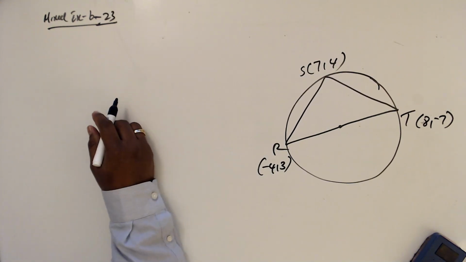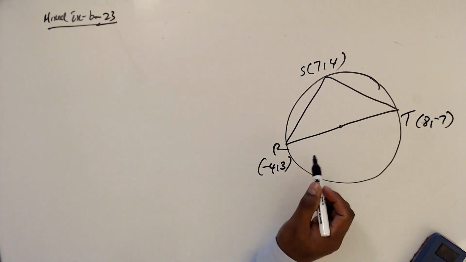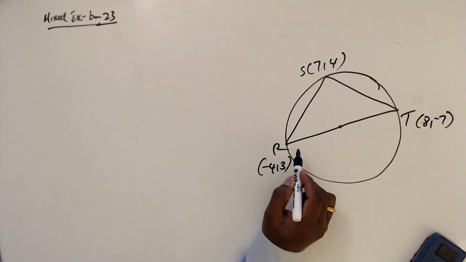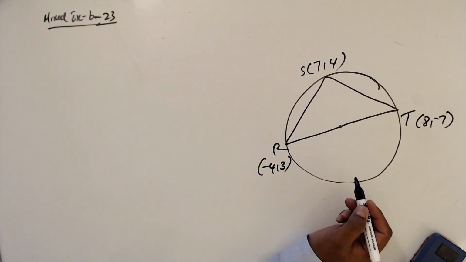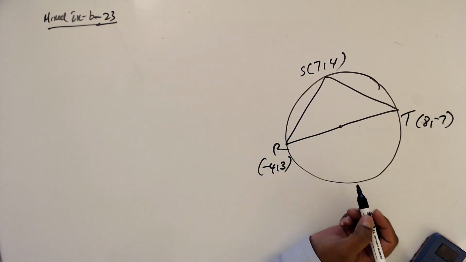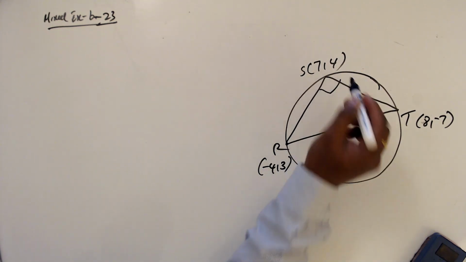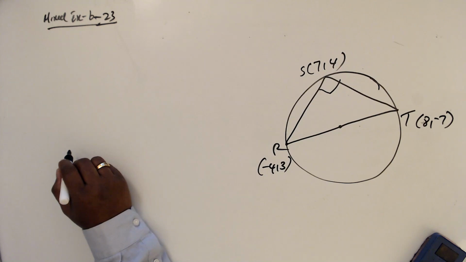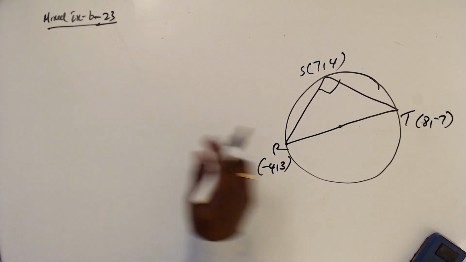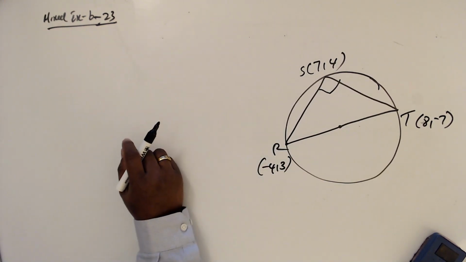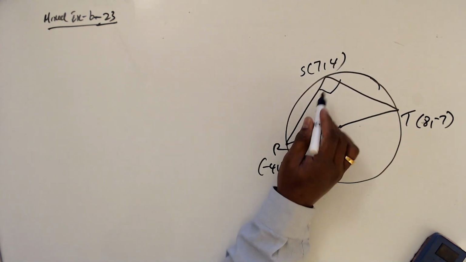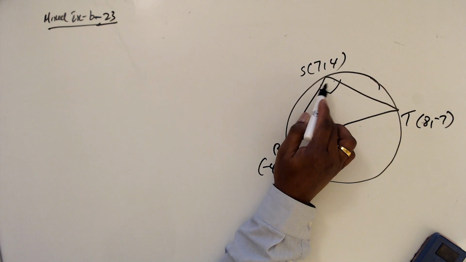Question number 23. Show that RT is a diameter. Now to show this, we want to show this is 90 degrees. One way is to show it is a right angle triangle, or the other method is showing the gradient.